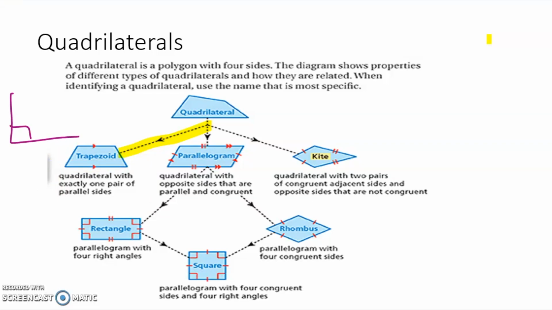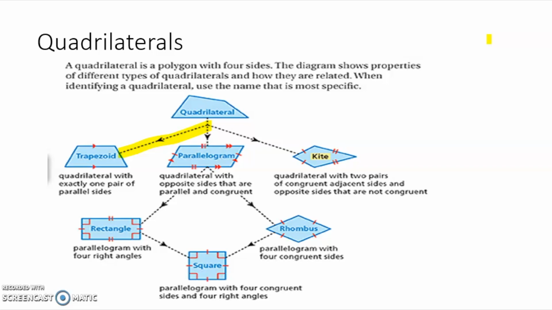So we might have a right angle in the corner, and then it comes down like this, and that top side and that bottom side are still parallel to each other. So those are two examples of trapezoids, which both are four-sided shapes, quadrilaterals.